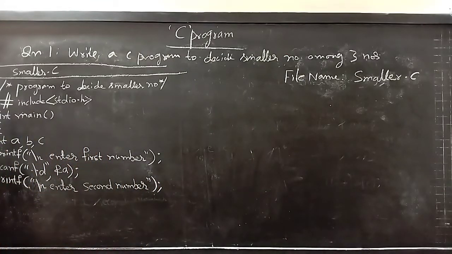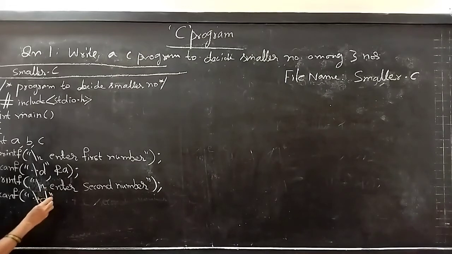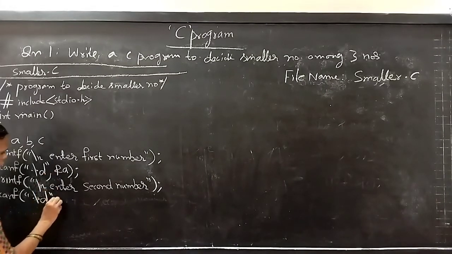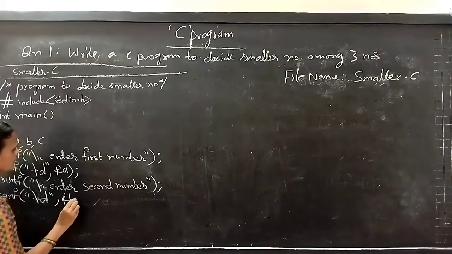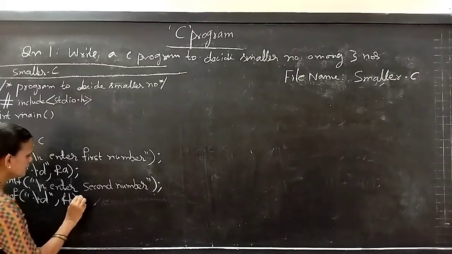On the ninth line you write scanf, open bracket, percentage d, close quotes, then comma, ampersand b, close bracket, semicolon.